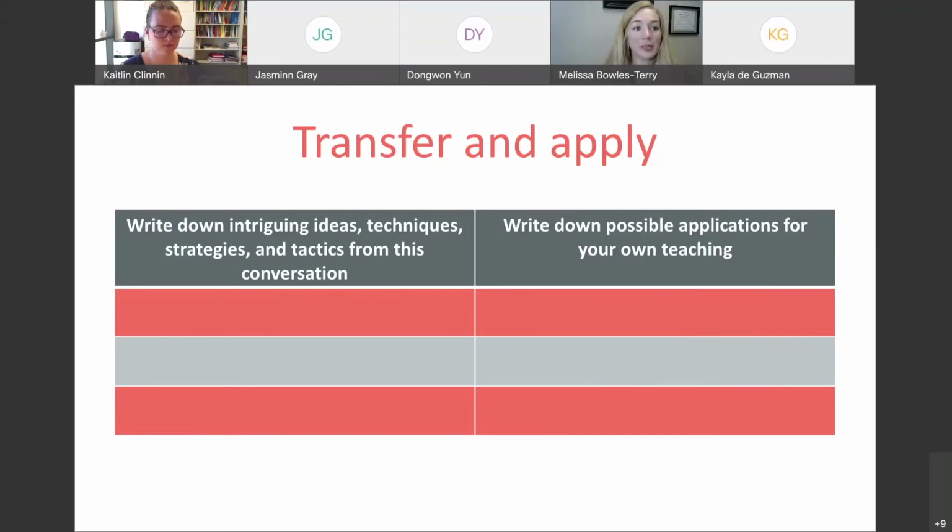Okay, so that was 3 minutes. And as you can tell, that's plenty of time really to think about what's useful and what you might use in the future. So if you're using this in a class session with students, this might be write down possible applications for your final project, or for your future work.